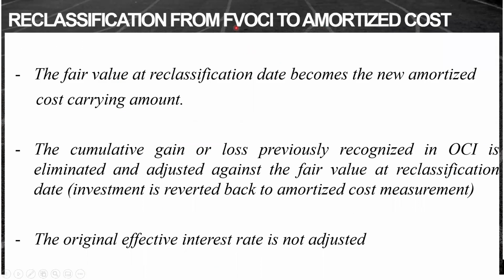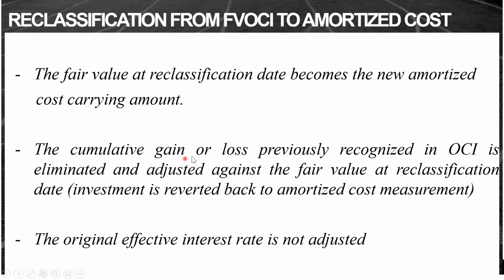So now let us proceed with the next case. This is case number 4, wherein the reclassification will be from FVOCI to amortized cost. So we are reversed this time, going to amortized cost. So what are the rules or the guides? First, the fair value at the reclassification date becomes the new amortized cost or carrying amount.